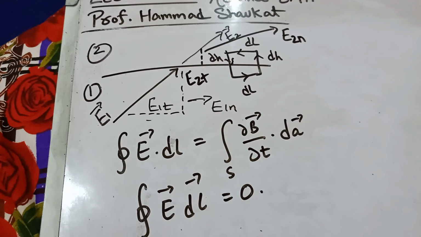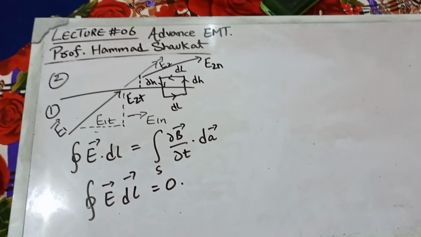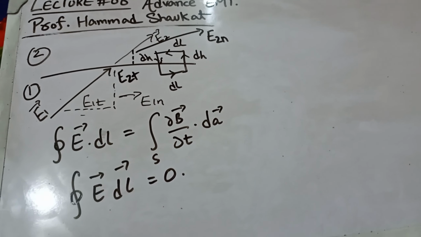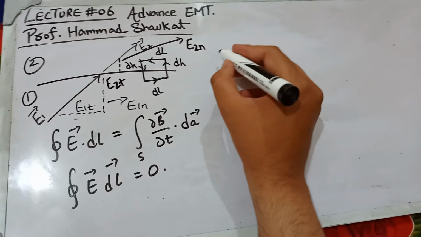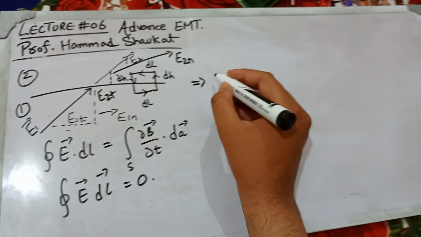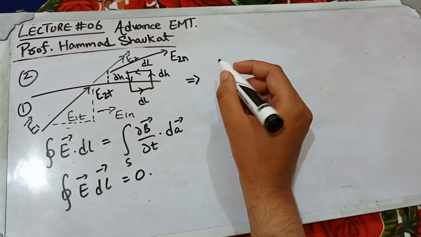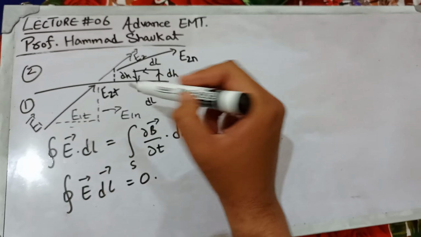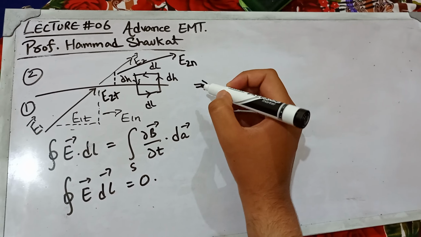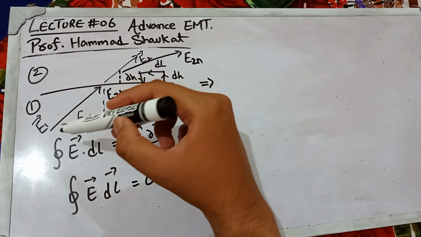Okay, now let's solve for the case of electric field. So how can you solve this? You can write the relationship basically, and it's coming from 1.